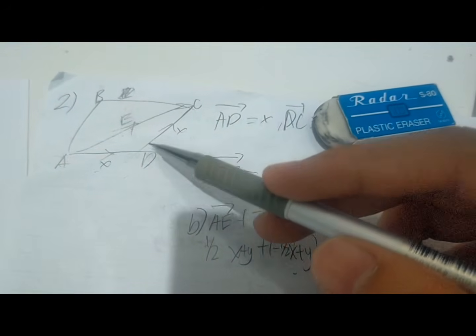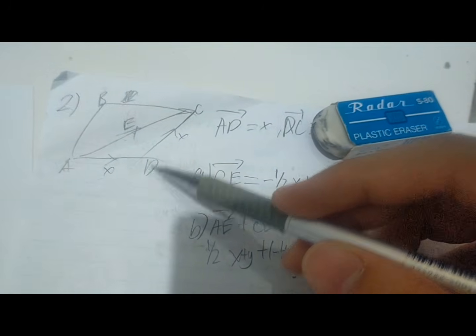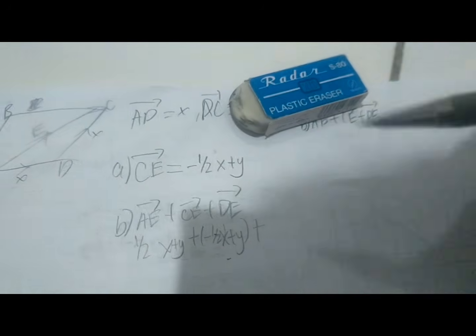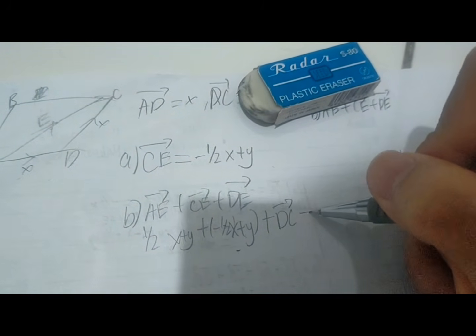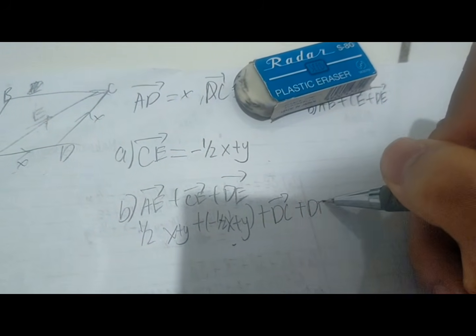You need to go from D to E, so you need DC to CE. So the DC vector plus CE.